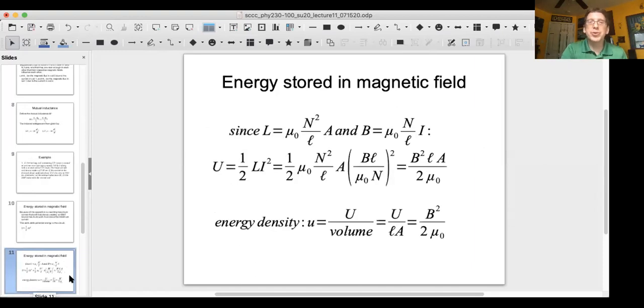Now we're going to talk about how much energy is stored per volume. So you think of an inductor as a cylinder, and you think of your typical solenoid, it's a cylinder. So how does that work? Well, we know what the inductance of a cylinder is.